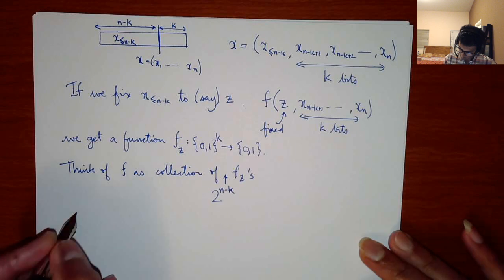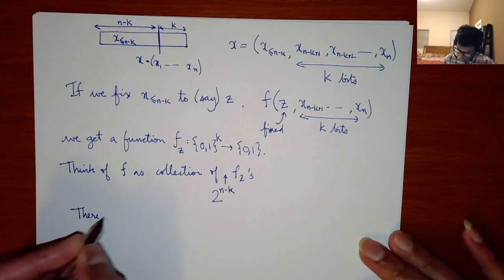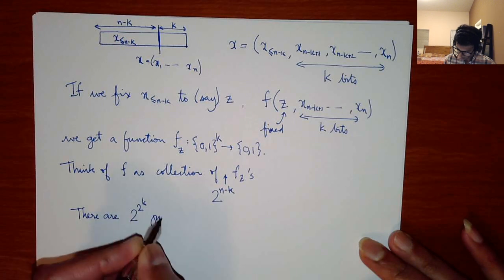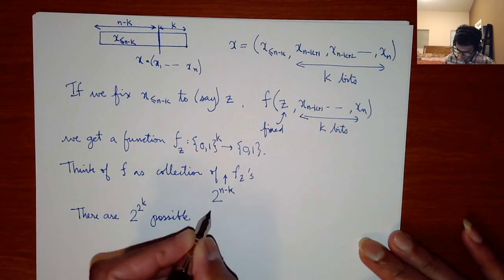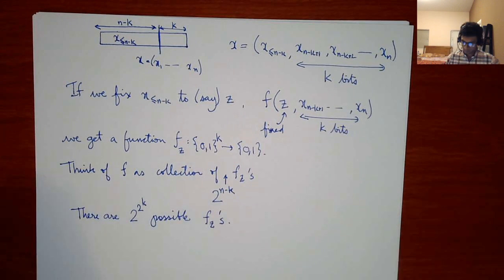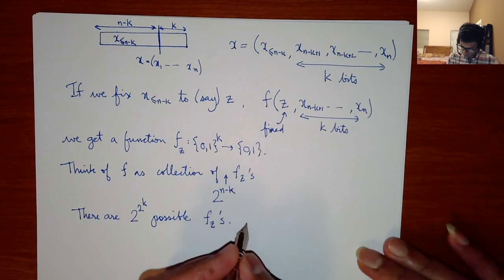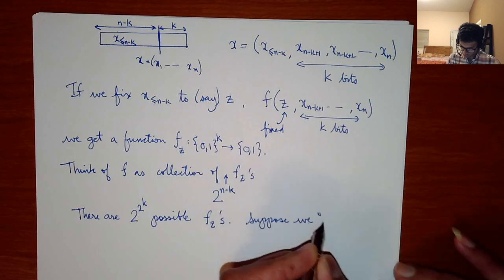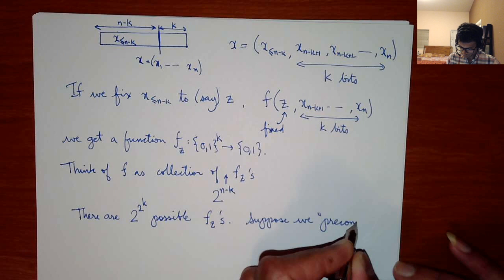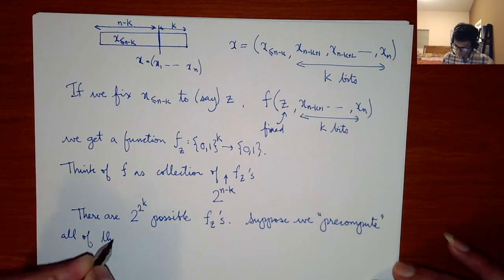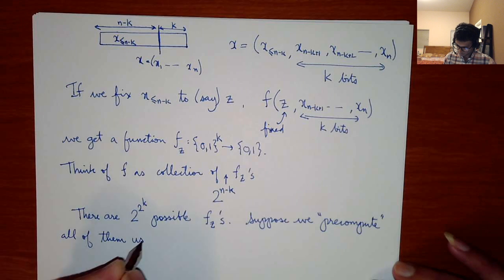So there are 2 to the 2 to the k possible fz's. Suppose we sort of pre-compute all of them using a separate circuit.